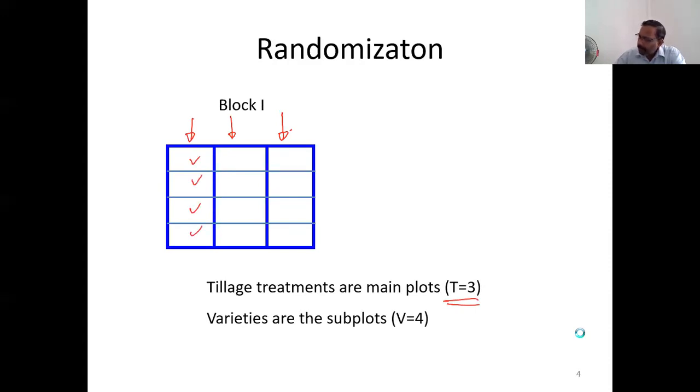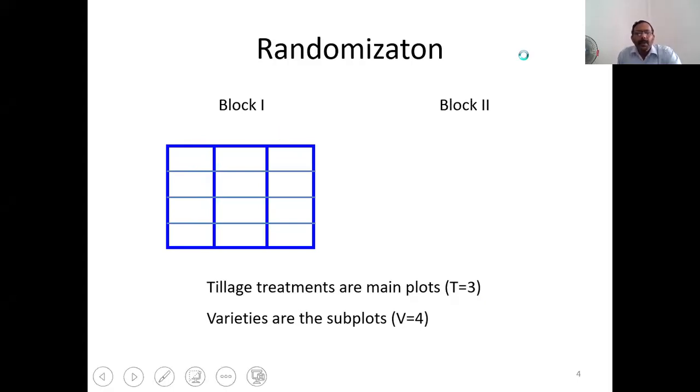Look here, block 2. I was talking about block 1 only. Block 2 is for replication. You need a replication of the combinations.